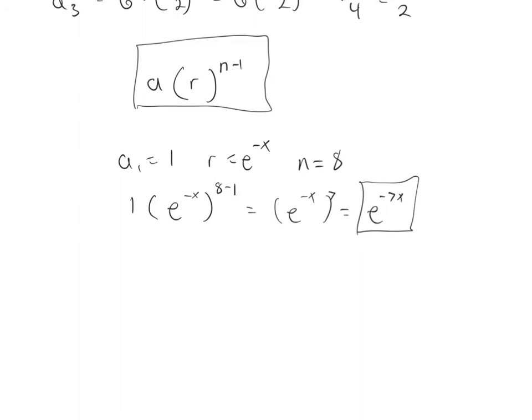Let's say we are given a set of numbers and we need to find a certain term. Let's say we were given 5/3, -1, 3/5, and so on. And we want to find the value of a sub 8, or the 8th term. First things first, we have a sub 1. A sub 1 is 5/3.